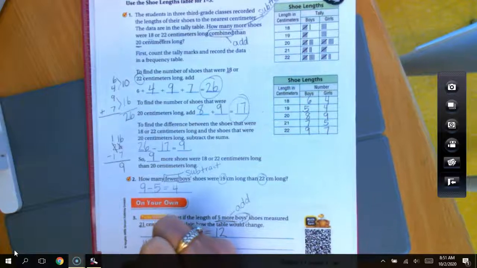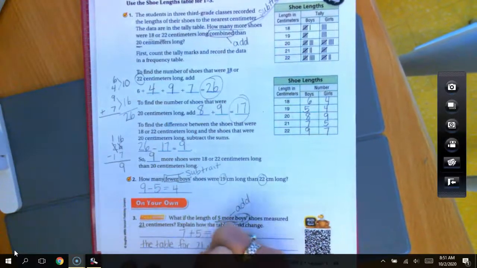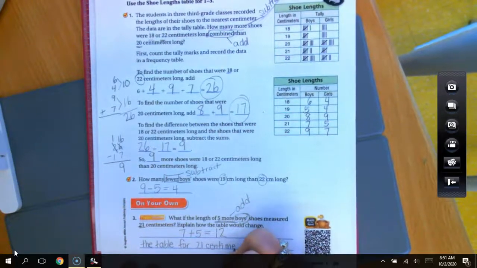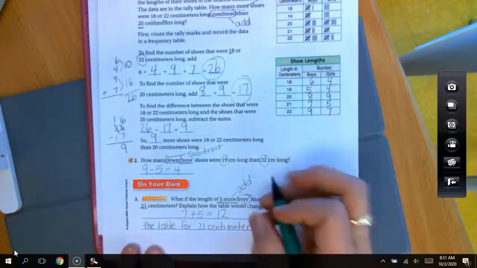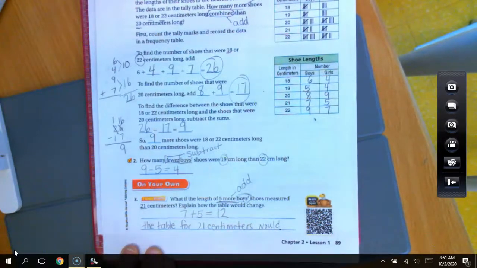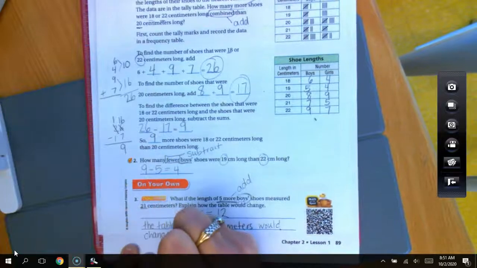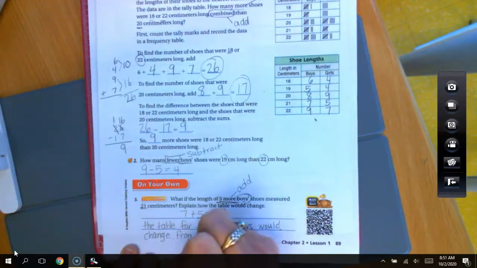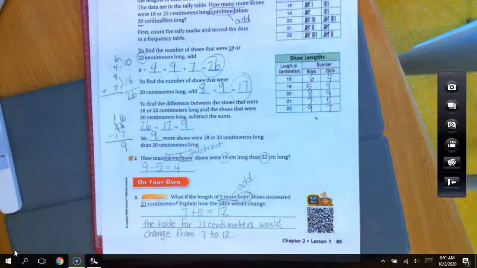The table for 21 centimeters, sorry if you can't see this, would change from 7 to 12. Because we just added 5 more.